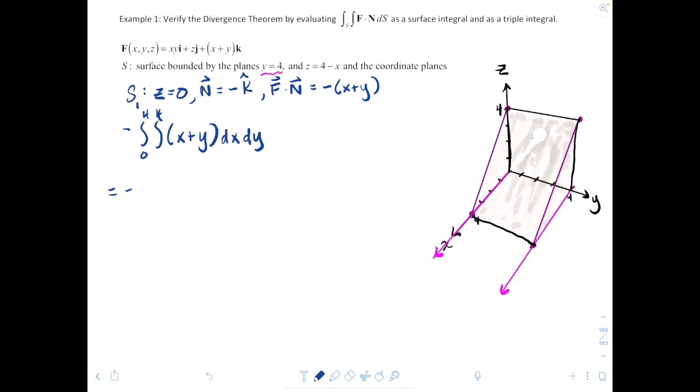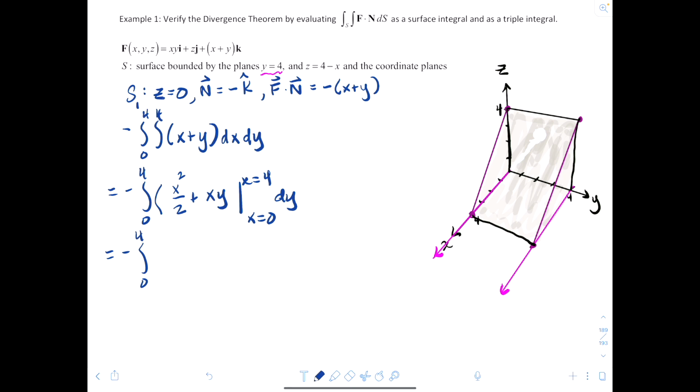So that's going to be negative integral 0 to 4 of x squared over 2 plus xy, with x going from 0 to 4. We still have our dy hanging out. So that will be negative integral 0 to 4. We'd end up with 8 plus 4y.